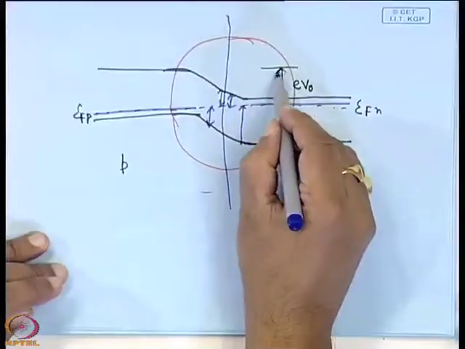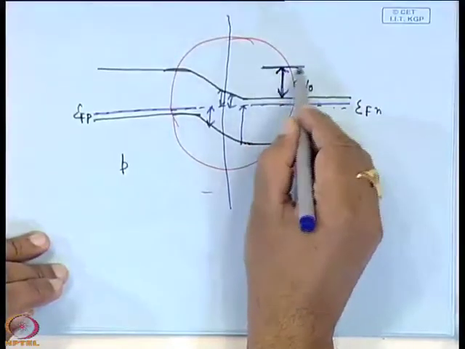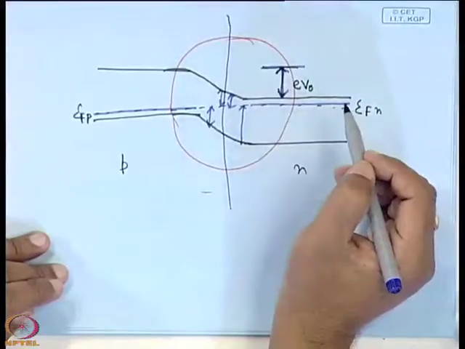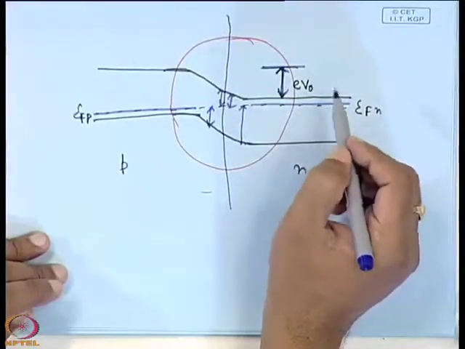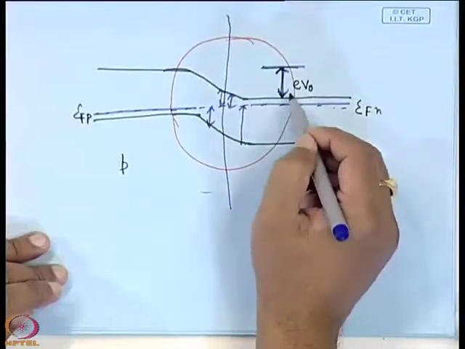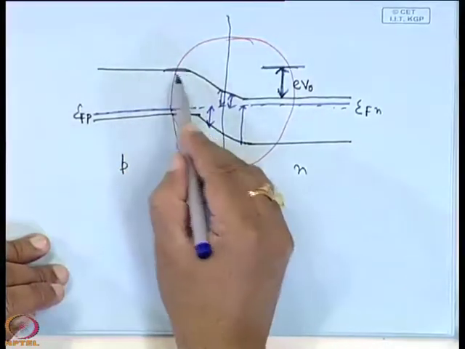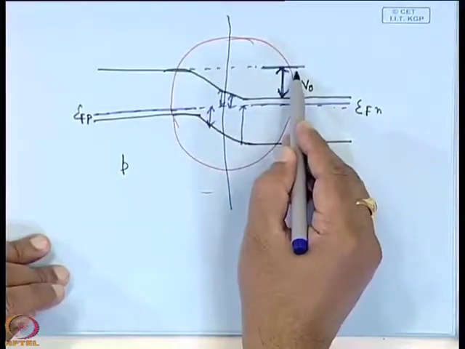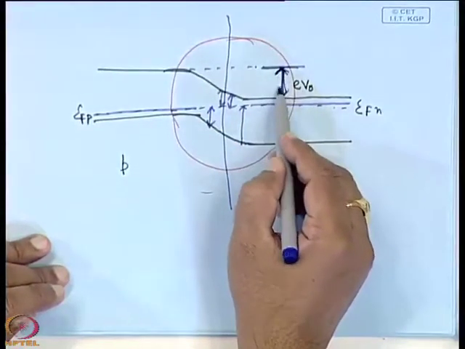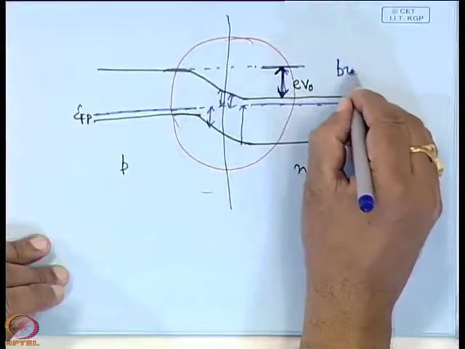Now, you see that this is the difference between the bottom of the conduction band in the n side to the bottom of the conduction band in the p side. This is known as the built-in potential.